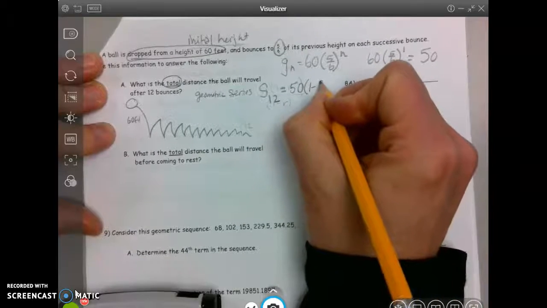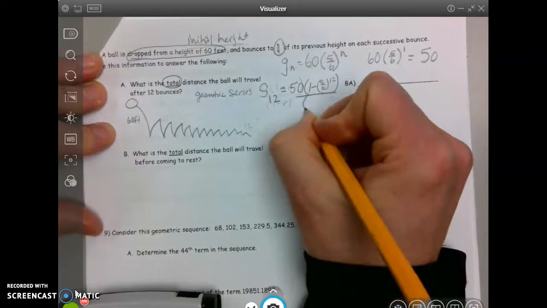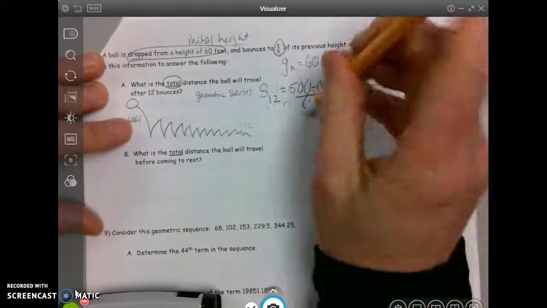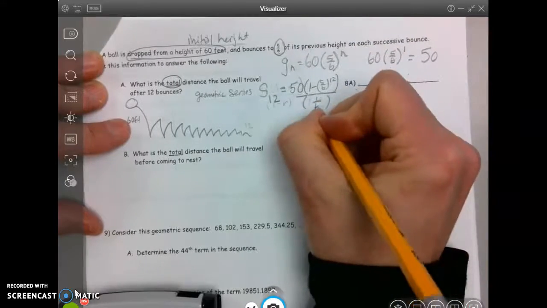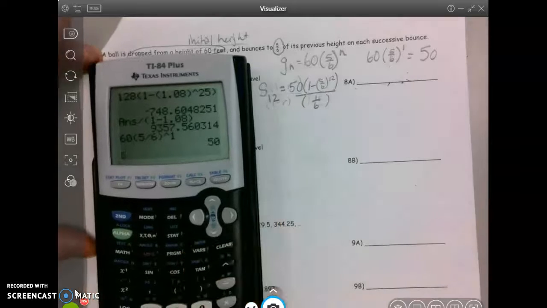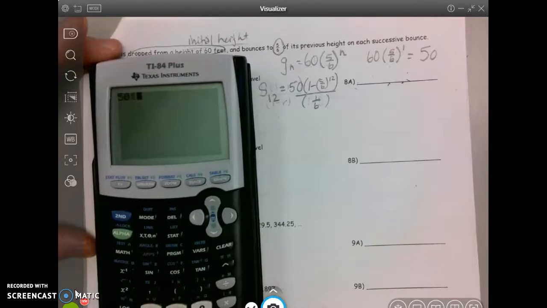1 minus 5/6 to the 12th, all divided by 1 minus 5/6. Now I know 1 minus 5/6 is simply 1/6, so I'm just going to put that as my denominator. All right, so I get to my calculator and I do 50 times 1 minus, in parentheses, 5/6 to the 12th.